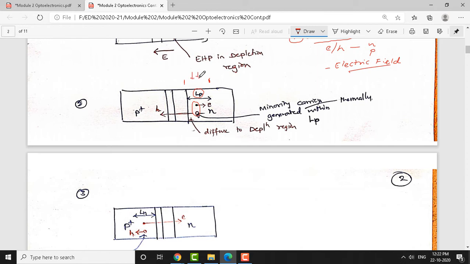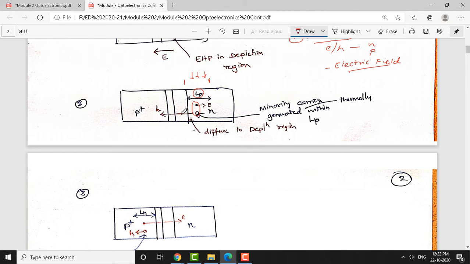Okay, these are the generated electron hole pairs. Now, carrier transport will happen here under two different mechanisms. One is from here to near the depletion region, where movement happens through diffusion only. That means the charge carriers will move due to the concentration gradient. So, these charges formed due to the incident light will diffuse towards the junction.